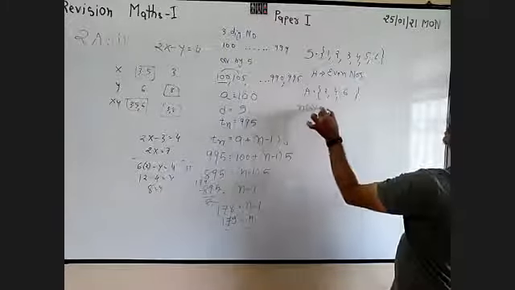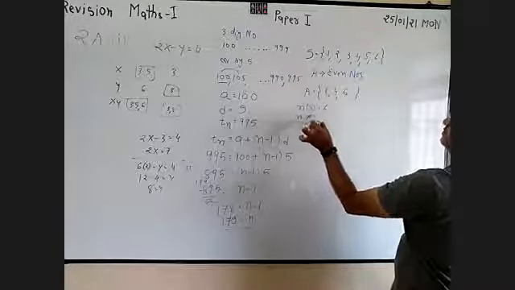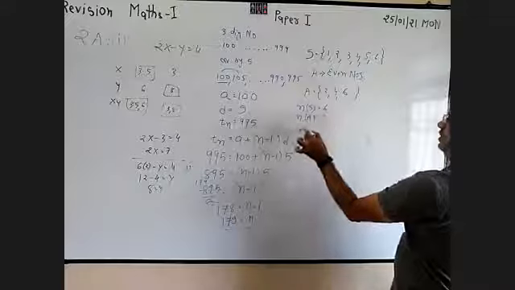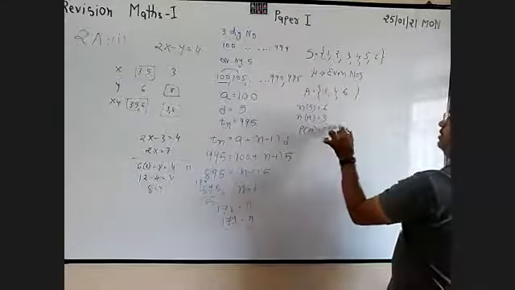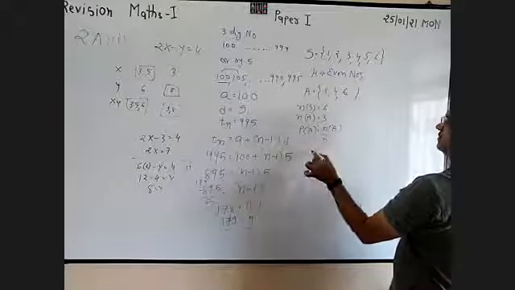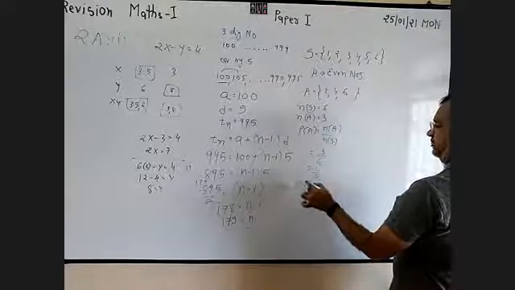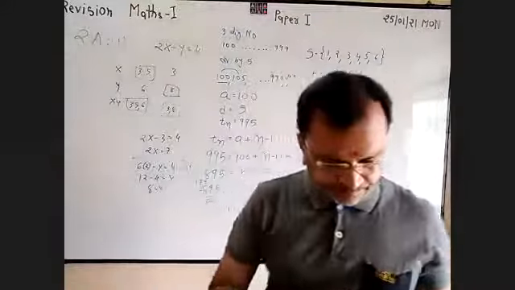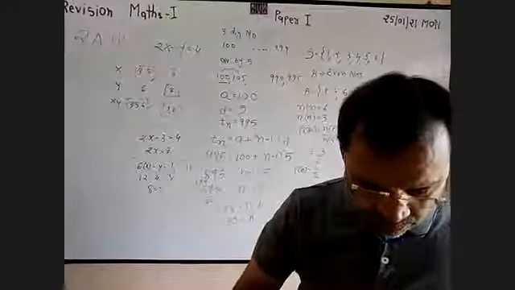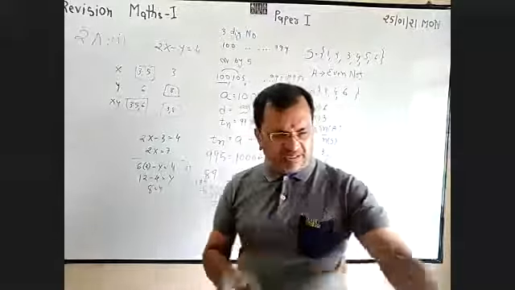So number of S is equal to 6. Number of A is 3. Probability of A is half, means 50%. Now question number 2B.